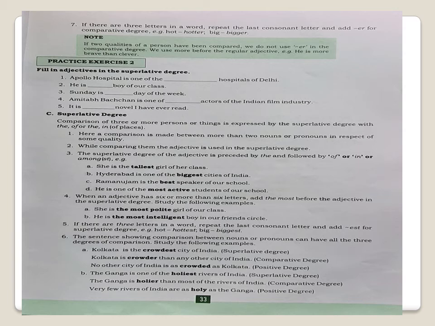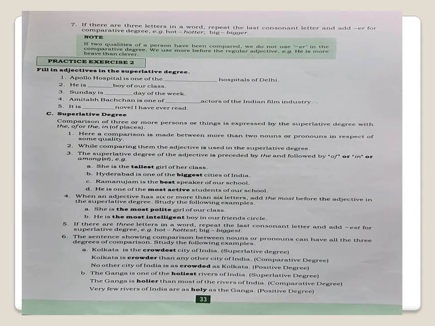Now we'll learn about the superlative degree. What exactly is the superlative degree? Comparison of three or more persons or things is expressed by the superlative degree, with the, of, or in for places. Here a comparison is made between more than two nouns or pronouns in respect of some quality.